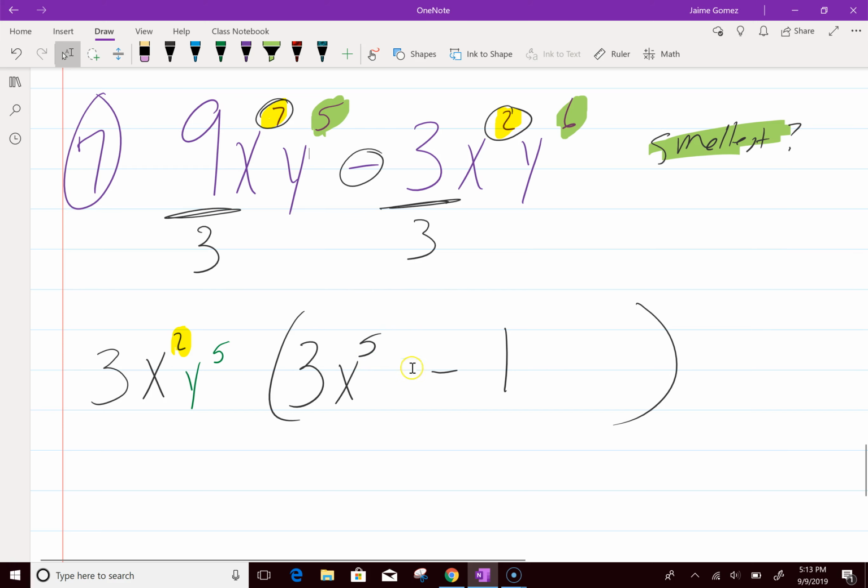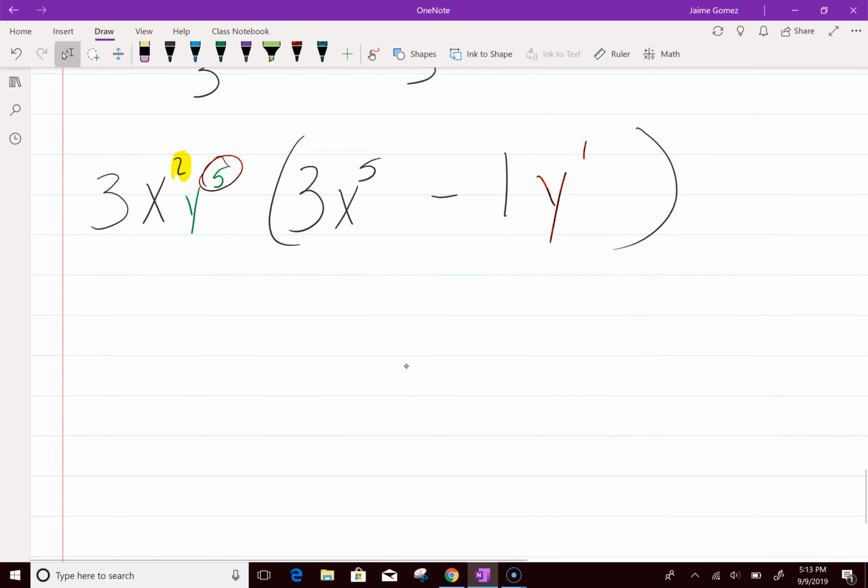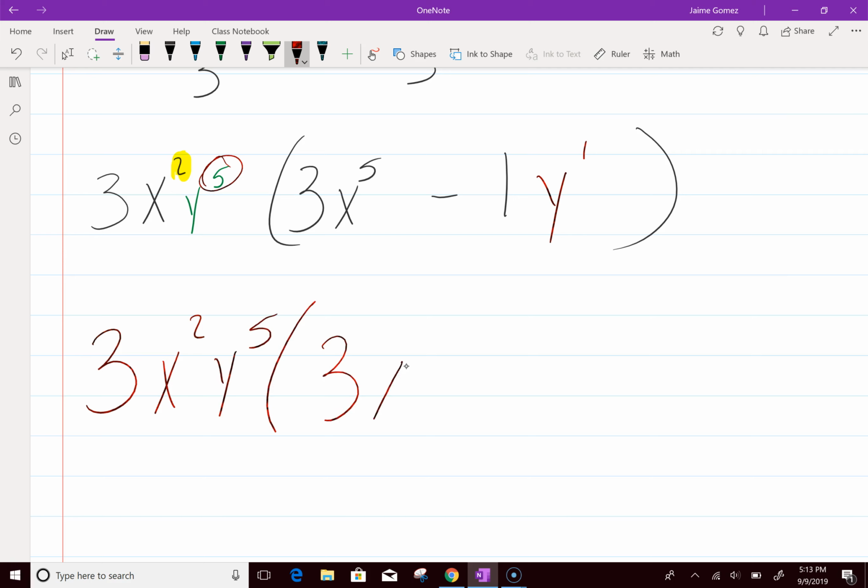It's y to the 0, so we don't write it. I have 6 y's here and 5 here. 6 minus 5 is 1, so I have y to the 1. So this should say 3x squared y to the 5th times 3x to the 5th minus y. Because we don't have to write the 1 there.